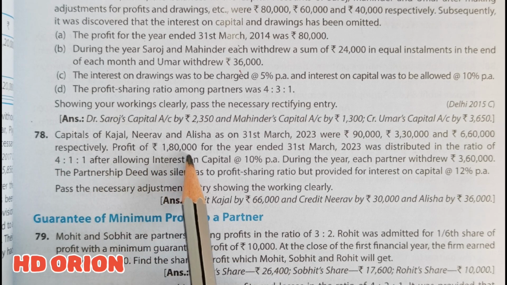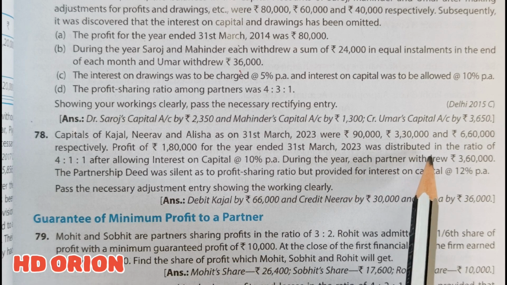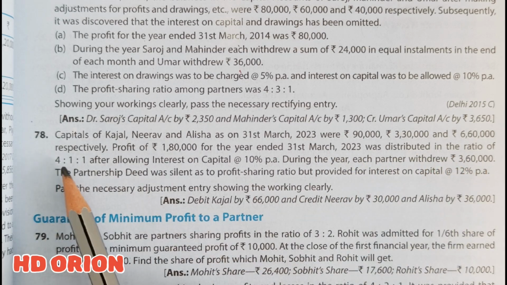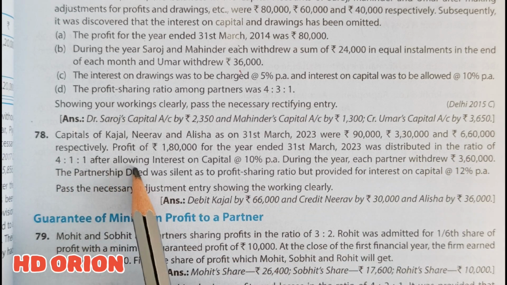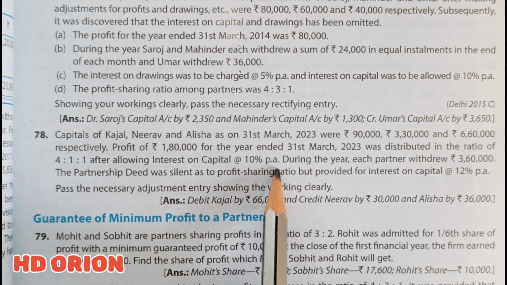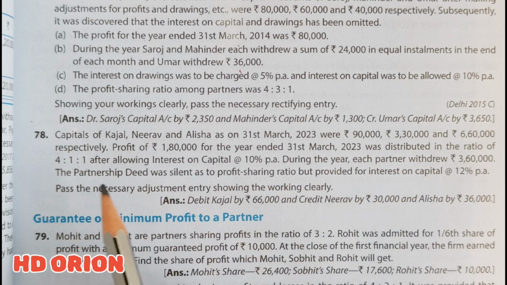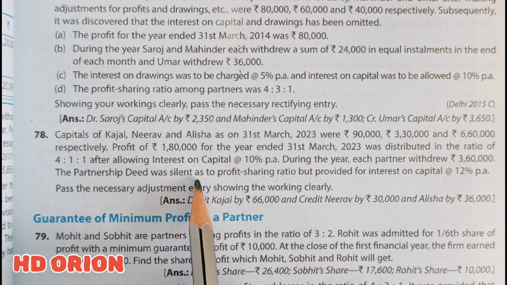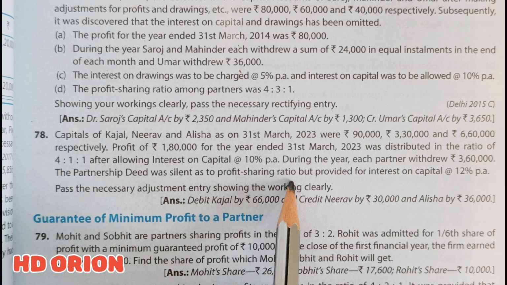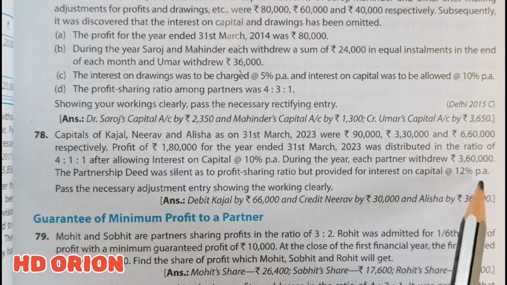Profit of rupees 1,80,000 for the year ended 31st March 2023 was distributed in the ratio of 4:1:1 after allowing interest on capital at the rate of 10% per annum. During the year, each partner withdrew rupees 3,60,000 and the partnership deed was silent as to profit sharing ratio but provided for interest on capital at the rate of 12% per annum.